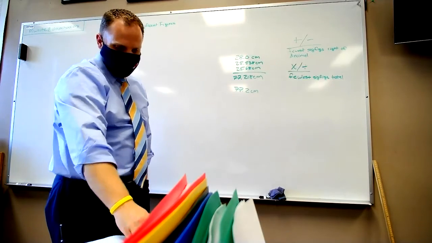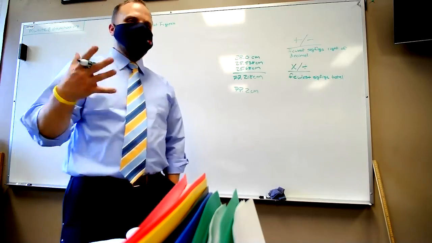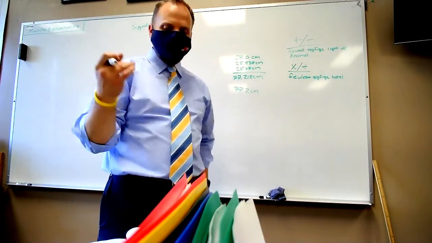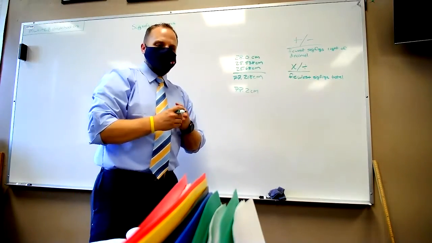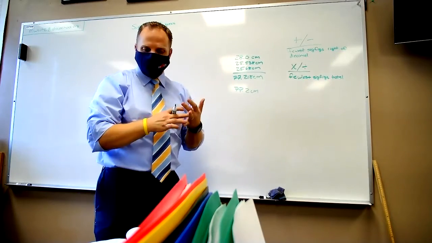We have another example problem on the next page. It's dealing with calculating volume. So of course, to calculate volume, you multiply 3 different measurements, the length, the width, and the height.